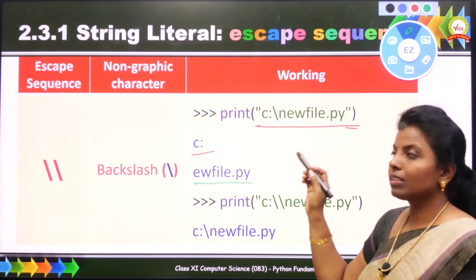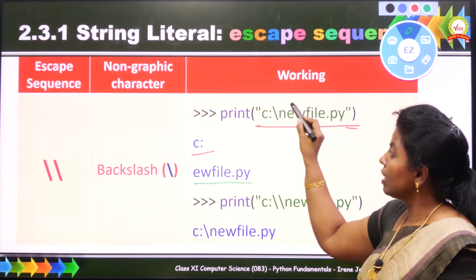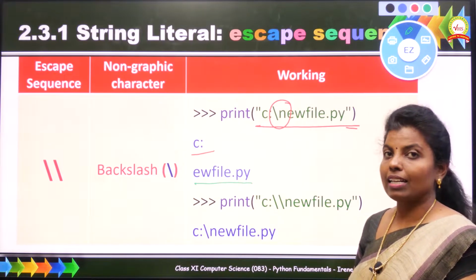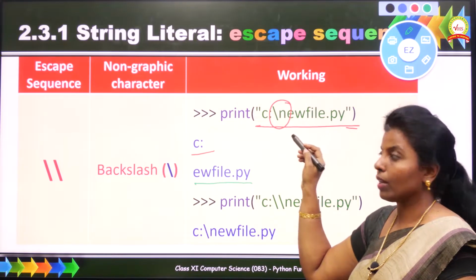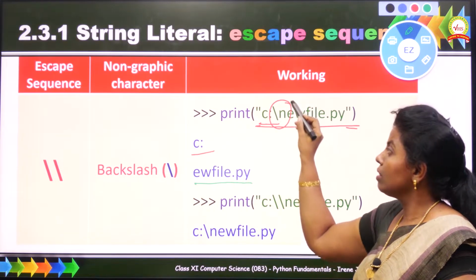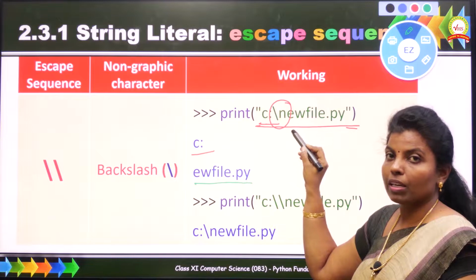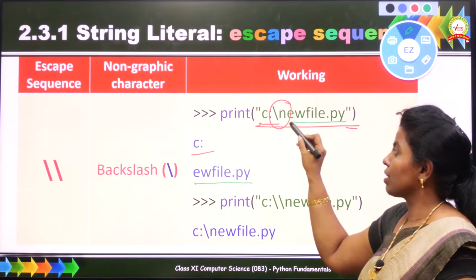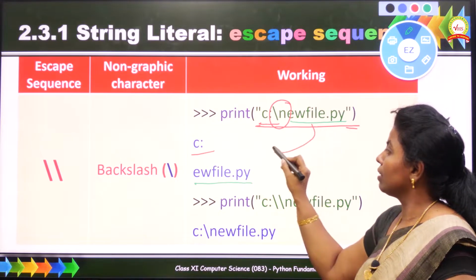But what the Python interpreter has done is, it has taken this backslash n as an escape sequence and it has interpreted it as a new line. So this C: has been printed here, and this backslash n has been interpreted as a new line. That's why the characters following the backslash n have been printed in the next line.